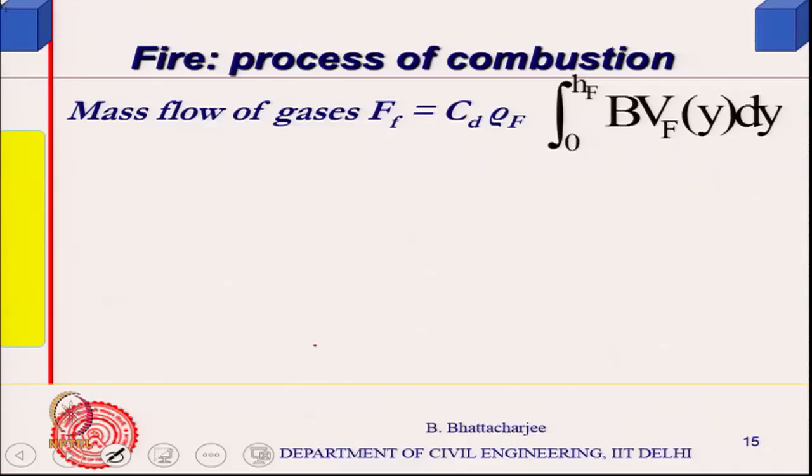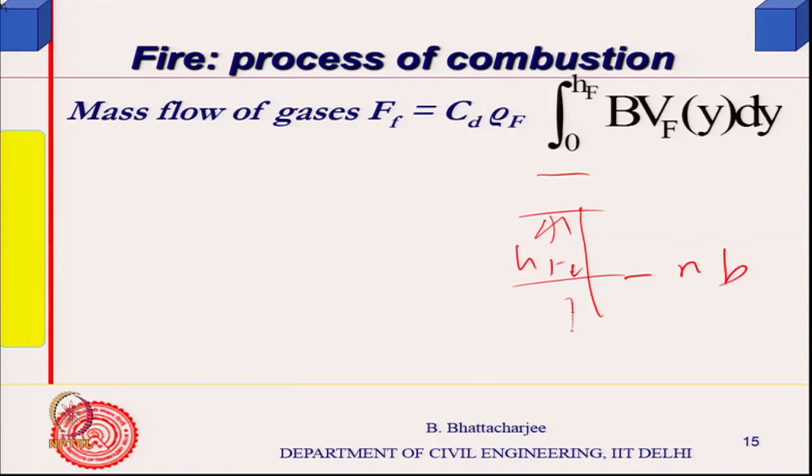So, the mass flow of gases one can find out by multiplying this velocity and integrating from 0 to h. I am calling this hf, that is the neutral plane, and this h0. So, I can integrate: B is the width of the window or opening, velocity as a function of y, dy.